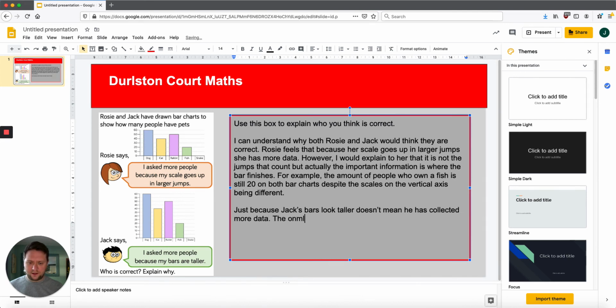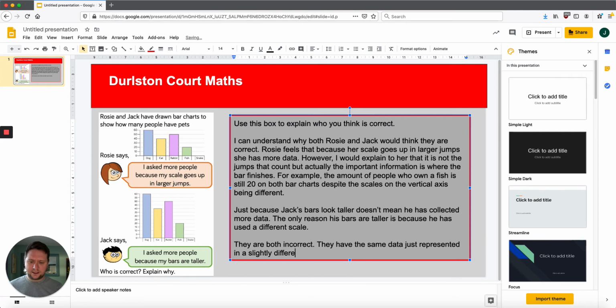The only reason his bars are taller is because he has used a different scale. And then let's conclude it. They are both incorrect. They have the same data, just represented in a slightly different way. Now, I filled the entire box with my reasoning.